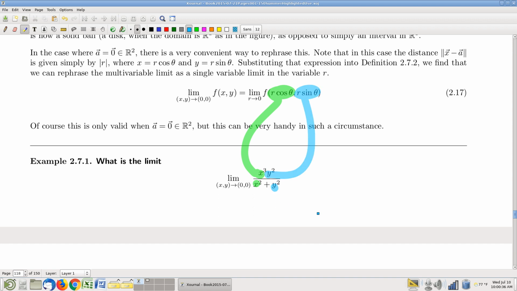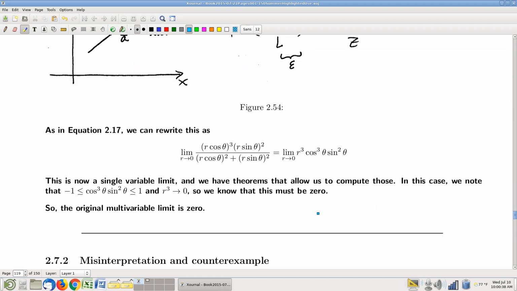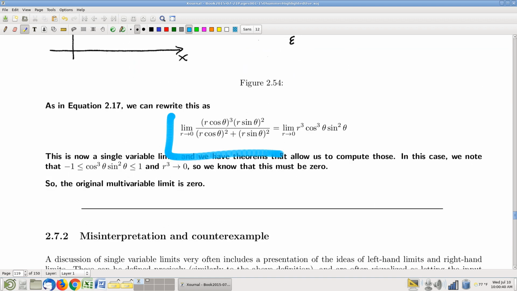Just plug that all in there, and I get this great big expression. Lucky break, look what happens in the denominator: I have a Pythagorean identity. Sine squared plus cosine squared is 1. Common factors of r in various places, grouped them all together, simplify. I've done some significant algebra there, so make sure to fill in those blanks. But the punchline is that it breaks down to what I'm going to call a single variable limit.